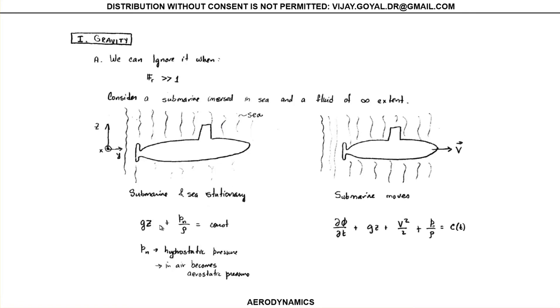You can see what happens when a submarine is stationary. It's static, it's not moving, it's not doing anything. In this particular case, you have Pn, the hydrostatic pressure. In the air, it becomes aerostatic pressure. It's just sitting there, being balanced.